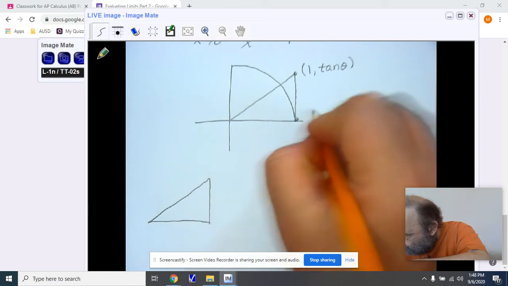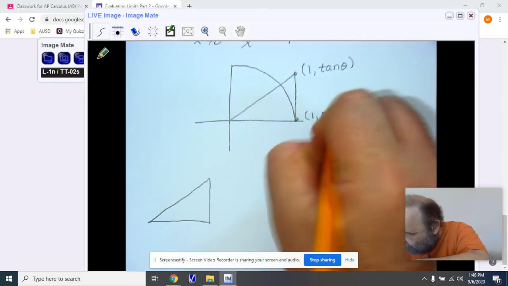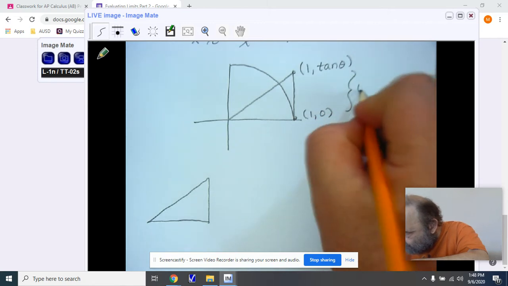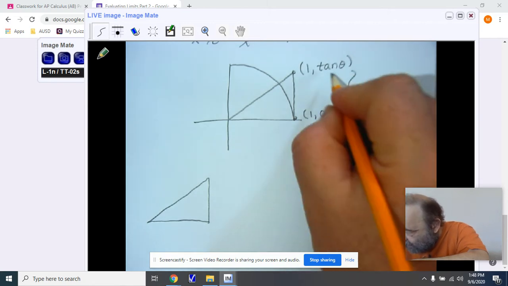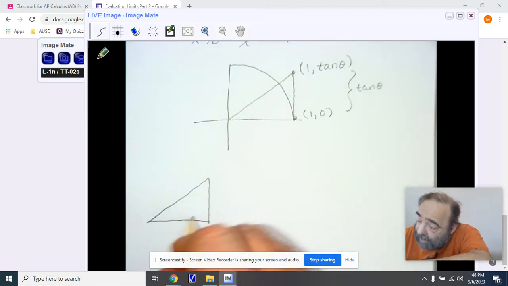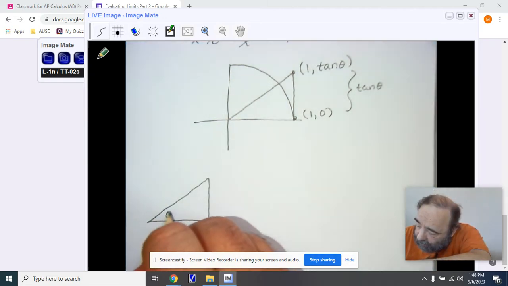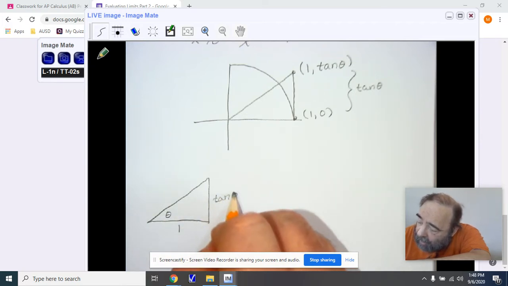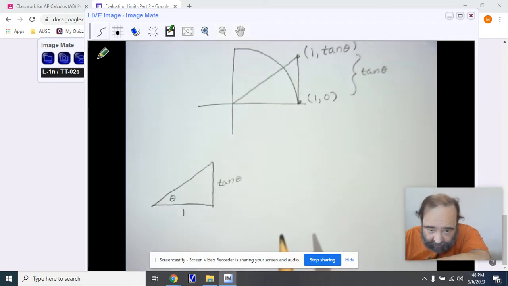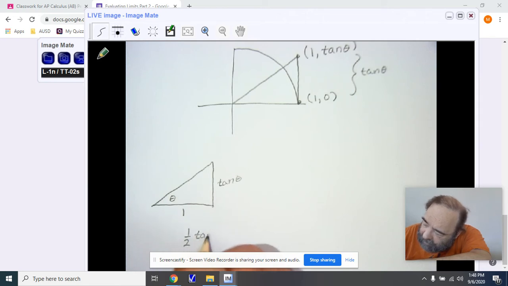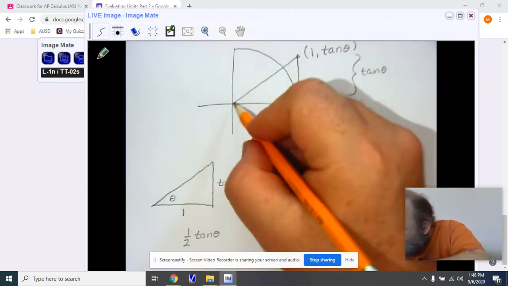This point is 1, 0. Because this is a vertical line, this height is the tangent of theta and corresponds to our y value in the point. So this is a length of 1 and a height of tangent of theta. The area of this triangle is 1/2 tangent theta.